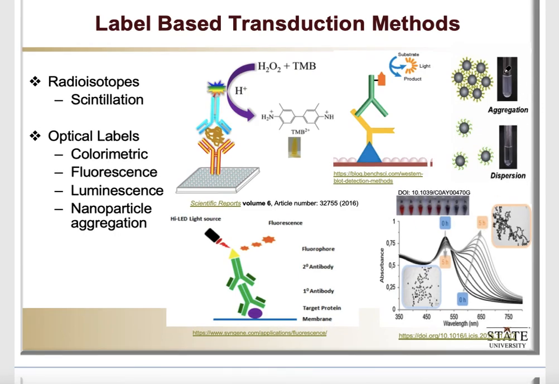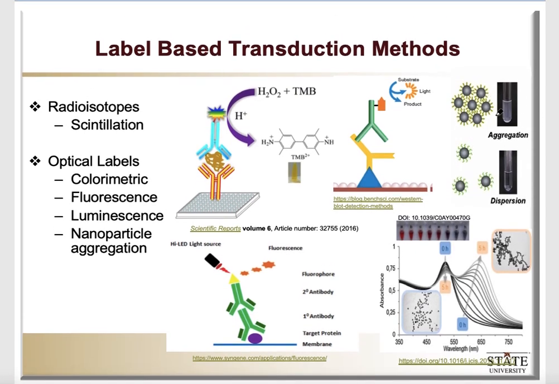Similarly, here on the top right, I'm showing aggregation of other types of particles, not necessarily gold, but basically aggregation of particles could also be looked at through scattering of light. If you have individual nanoparticles that are smaller than the wavelength of the light, then the suspension would look transparent.